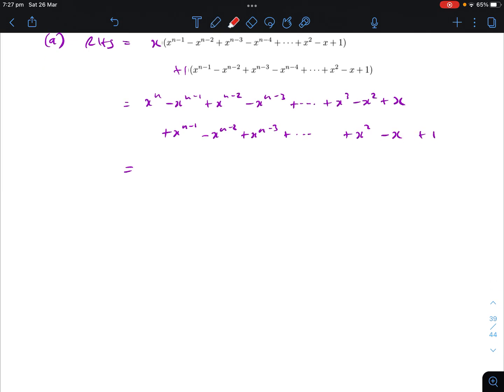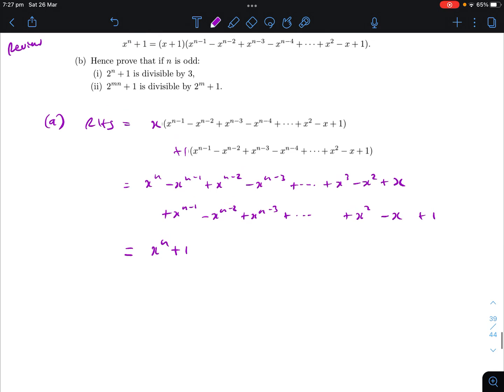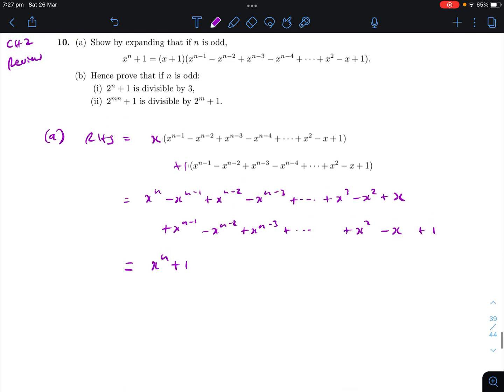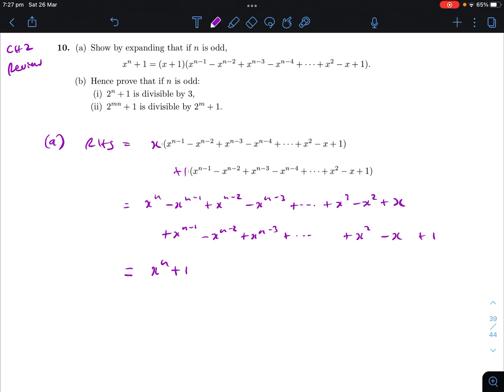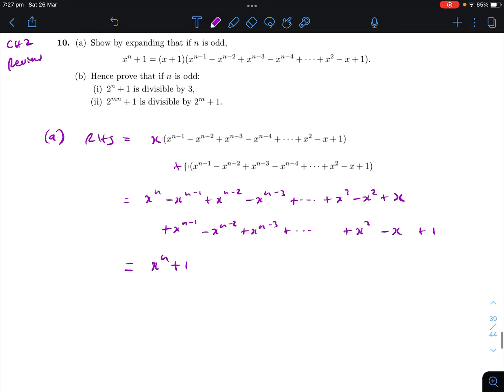I'm hoping you can see for yourselves that all of the terms in between add to 0, leaving us with x to the power of n plus 1. Now, that works if n is odd. If n is not odd, it's a bit trickier. It's not completely unfactorizable, but it gets complex, and this works for real numbers here.